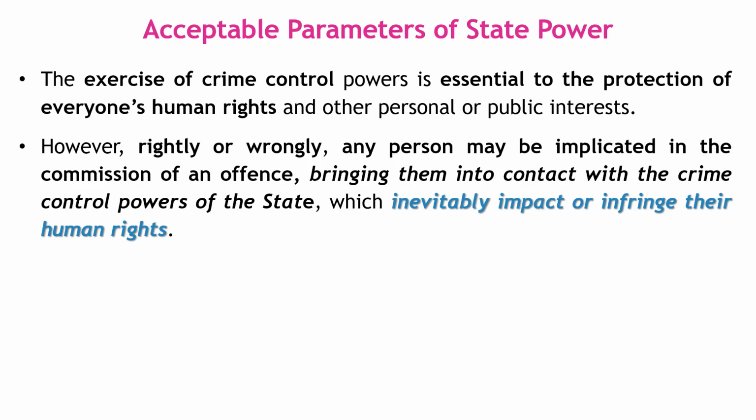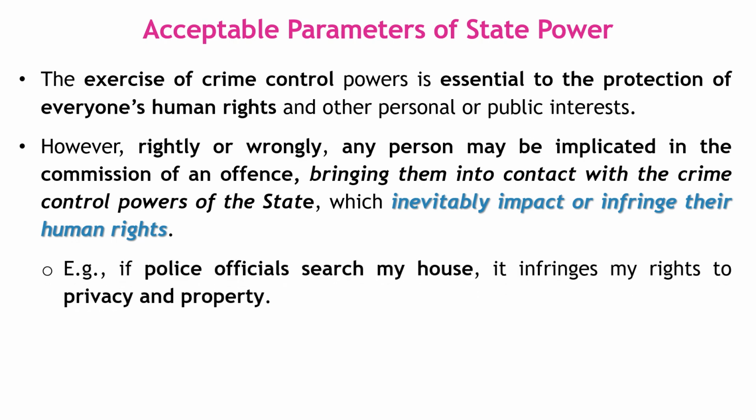As an inevitable consequence, there will be an impact or an infringement on their rights. So generally, you cannot exercise state powers, investigatory powers, for example, without affecting people's human rights. So the two go hand in hand.